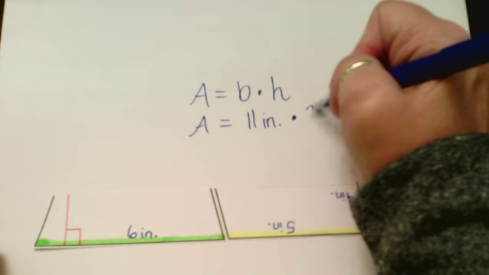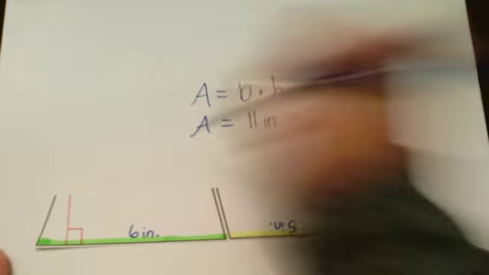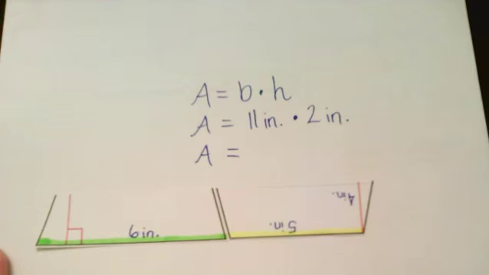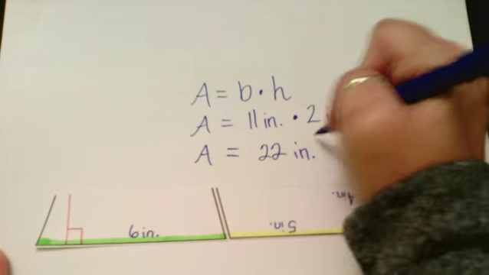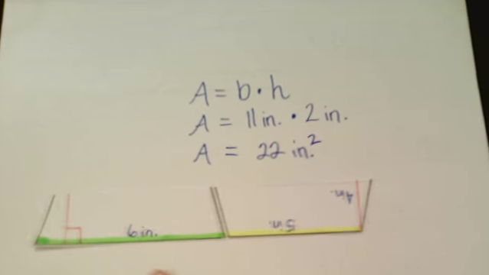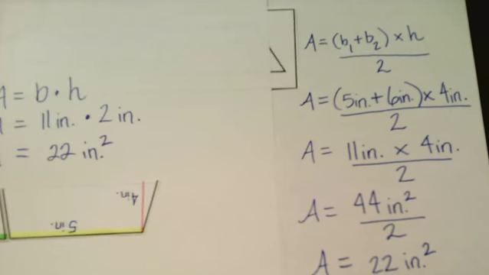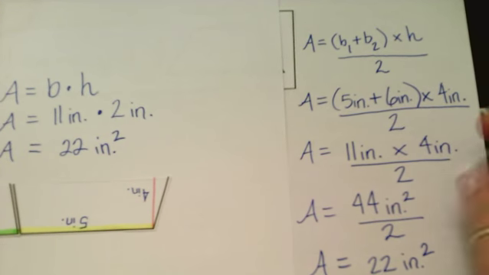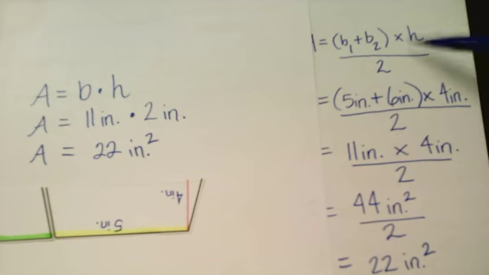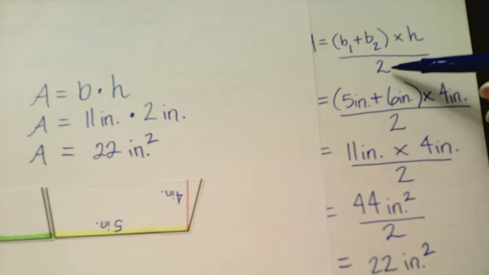Okay, so I'm going to put that here. And let's see if we come up with the same answer. So 11 times 2 is 22 inches squared. So as you can see, that is the same answer that we got over here when we used the formula for a trapezoid. So that's the reason why we are taking this height and dividing it by 2.